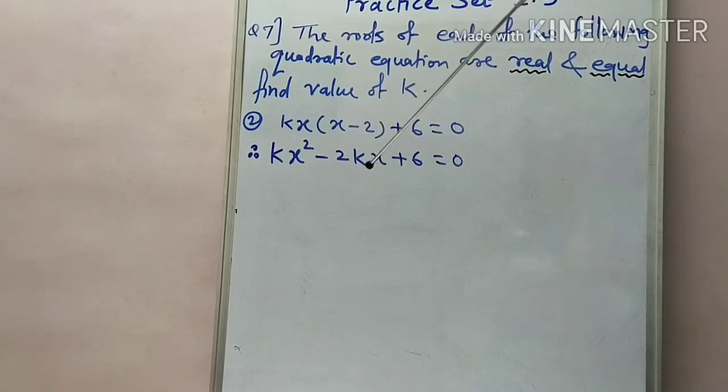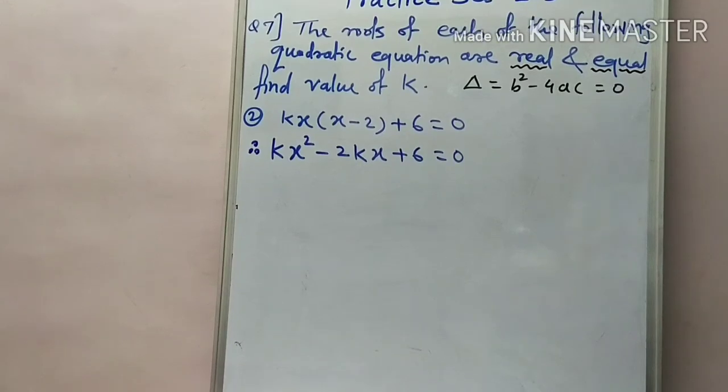Okay, so the condition is the roots are real and equal, and as we know, when the roots are real and equal, the discriminant value delta, b square minus 4ac, is equal to what? 0. Okay, so what we do here is compare this equation with the general form.